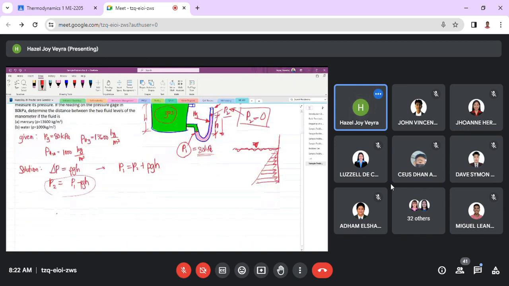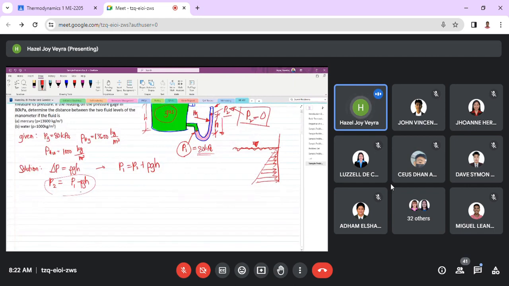So, substituting the values, what's our P1 again? P2 natin is 0 na.